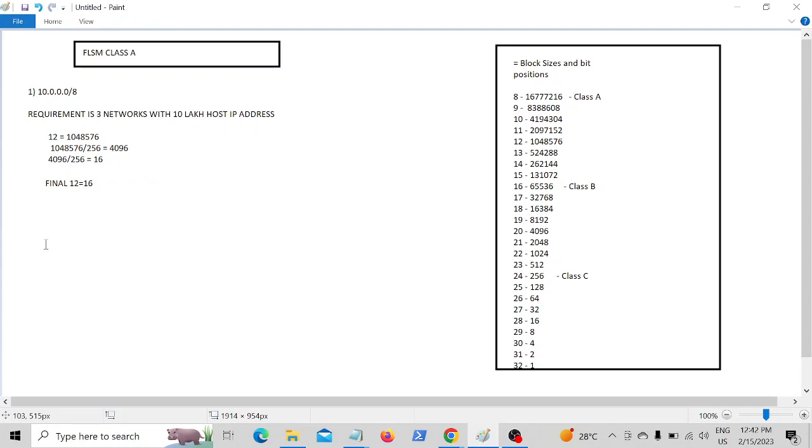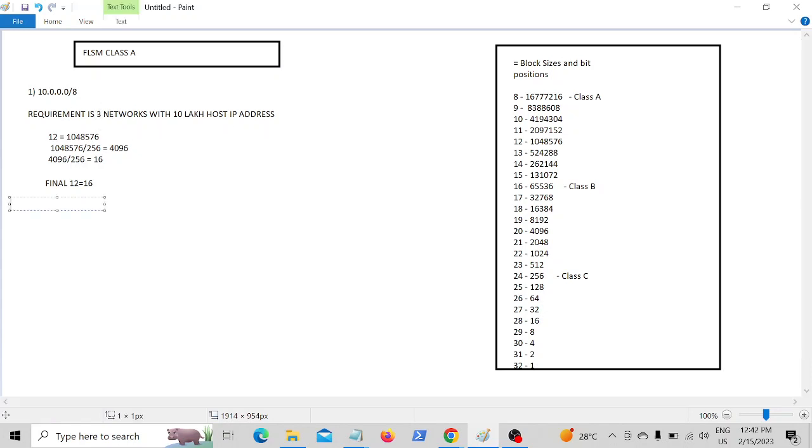Now network 1. Your requirement is three networks with 10 lakh host IP addresses, so we go for network 1.